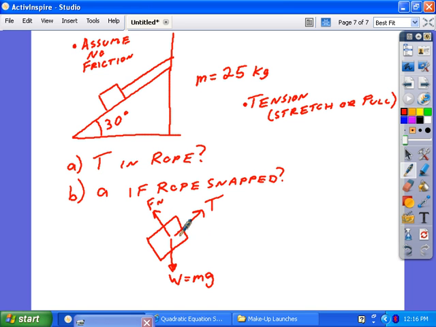I've got one that is acting partially in the x, partially in the y, or in other words, I've got one that has an x component here and a y component here. I've got another one that has an x component here and a y component here. So, I can sit here and break this into xy components, this into xy components, and this one is already in y. That's an easy way of doing it.